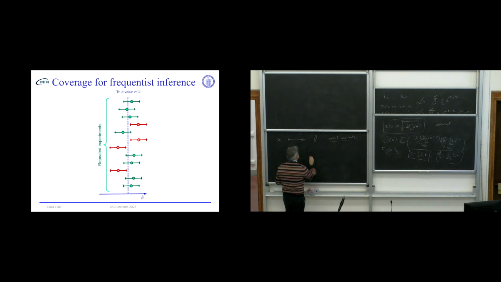And then, together with this, we have an uncertainty interval, theta 1, theta 2. Now, given x, which is random, this is an algorithm that we call an estimator.